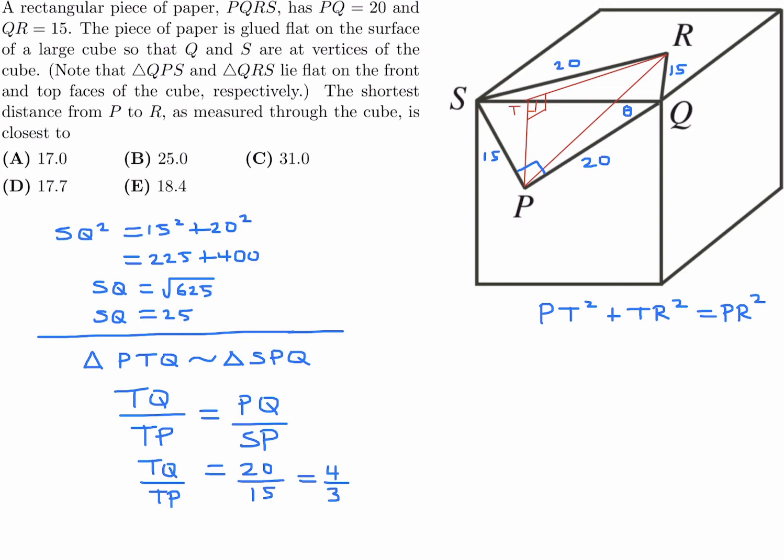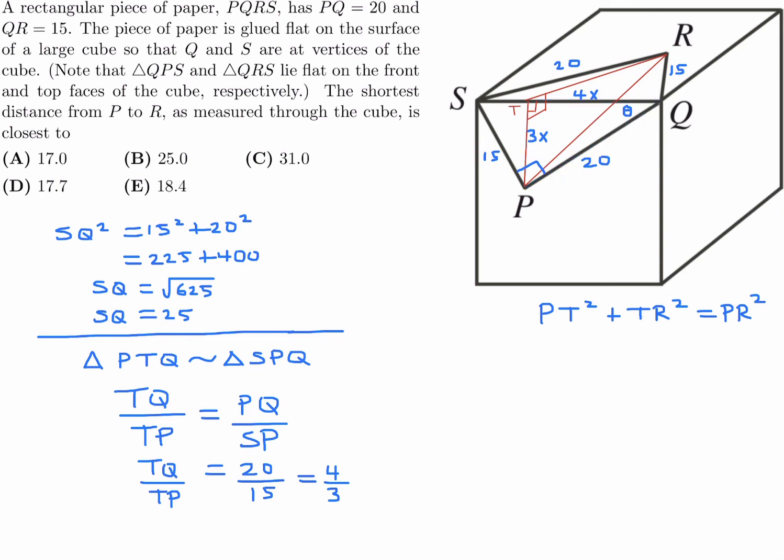So what I can do is I can label them. I don't have a numerical value, but I can label them with a variable. So TQ, I can write 4x. And TP, I can write 3x, like that. And that is sufficient for me to figure out what is x, because I can use the Pythagorean relationship right here.